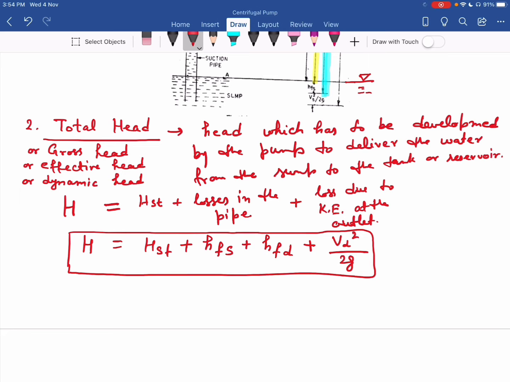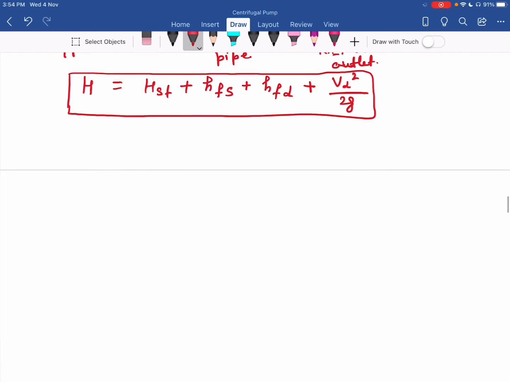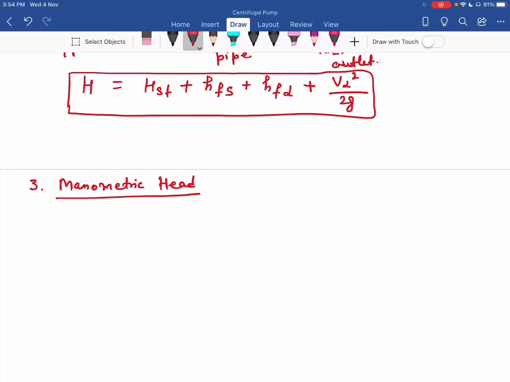Then next head in centrifugal pump is the manometric head. It is not possible to measure exactly the losses in the pump casing. It is very difficult to measure the losses in the casing of the pump. So a term that is known as manometric head is introduced.